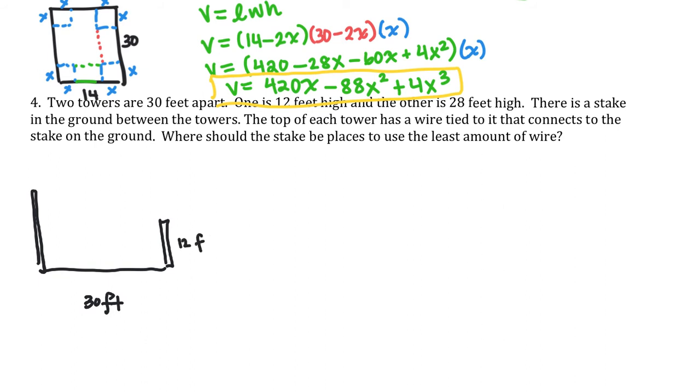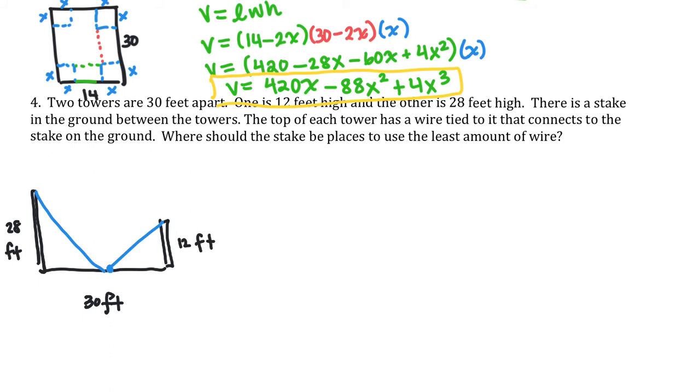Let's give the shorty a 12 and the tallie a 28. There's a stake in the ground between the two towers. The top of each tower has a wire tied to it that connects to the stake in the ground. Where should the stake be placed to use the least amount of wire? So there's a stake in the ground somewhere, and there's a wire and a wire.